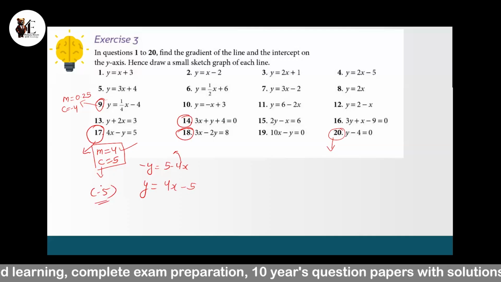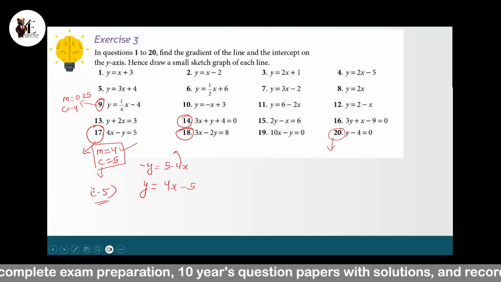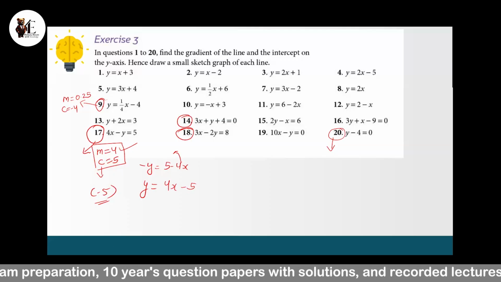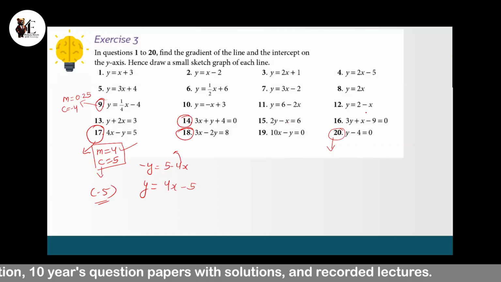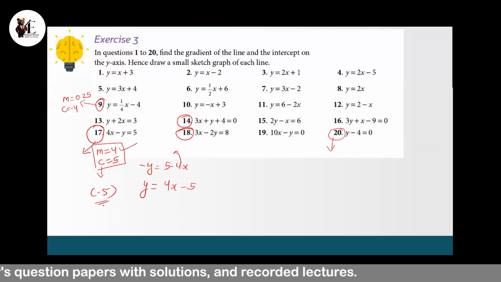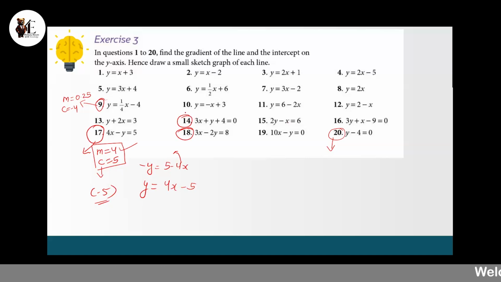Okay. Yes. Okay, and your answer for question number 14? I got M equals to -3 and C is equal to -4.